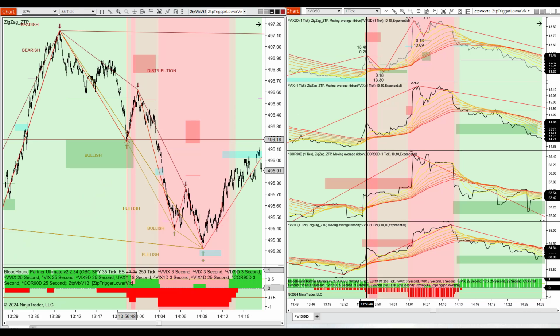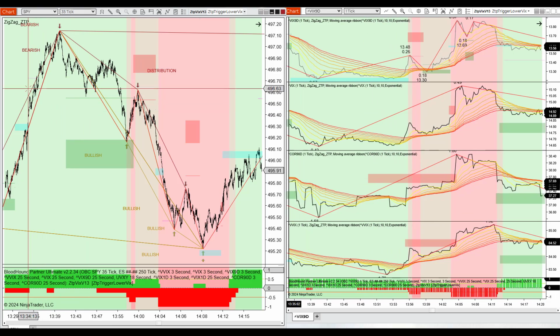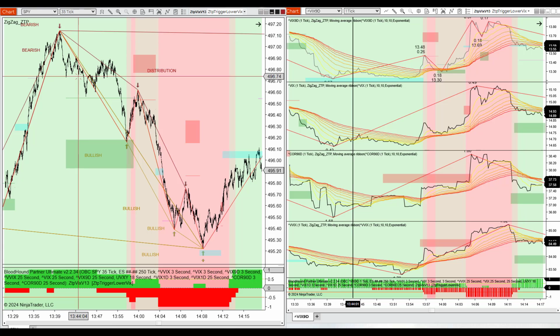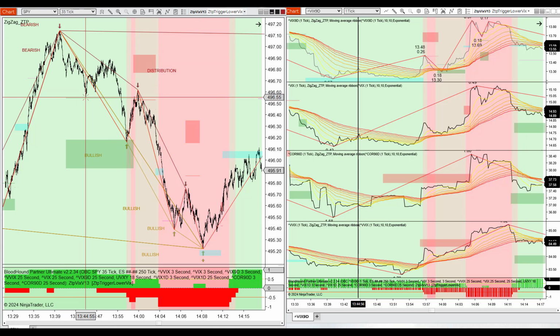Here's a really nice setup that I like to talk about a lot, and what we have here on the SPY is a strong trend that we created. Now this would be a strong trend trade from here, and as you can see, we would have green VIX and green trend.